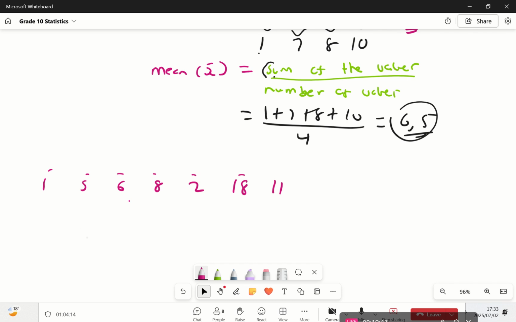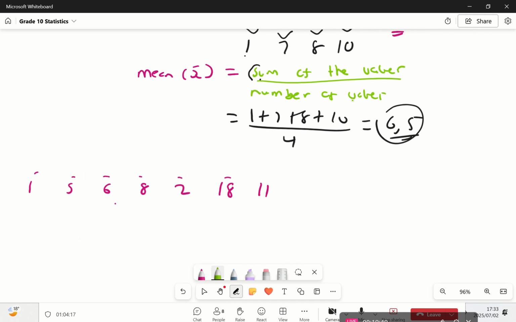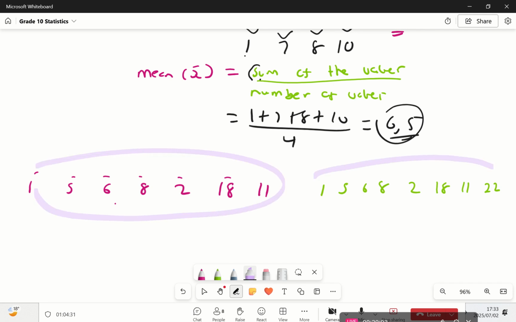Let me put two different data sets. We've got 1, 5, 6, 8, 2, 18, 11, 22.